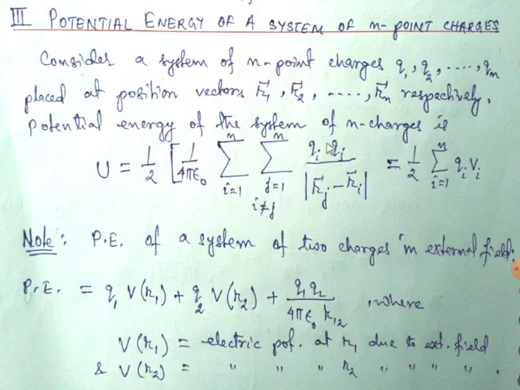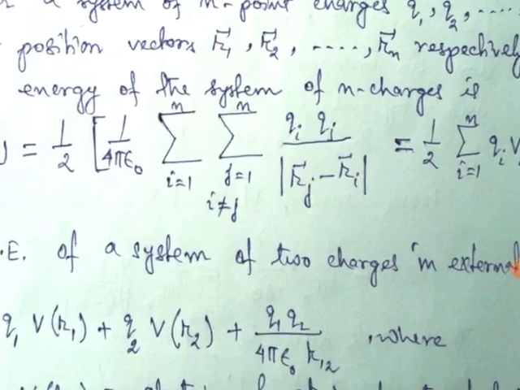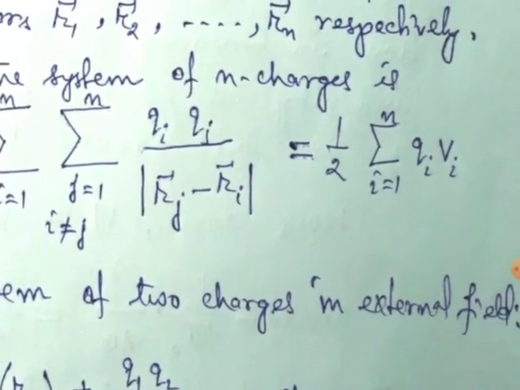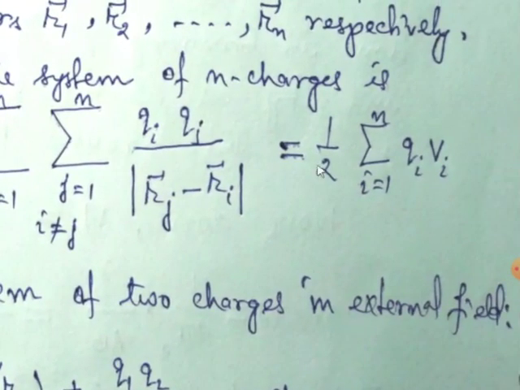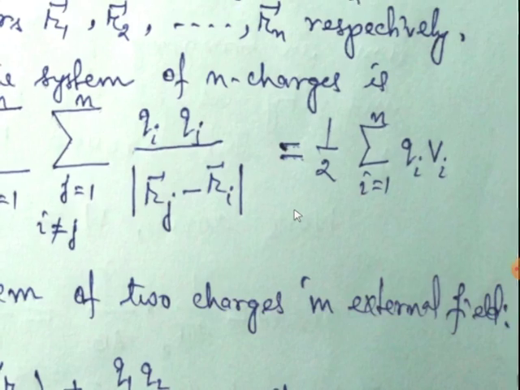And then instead of q1, q2, we will have qi, qj. Can you see? Summation of qi qj divided by modulus of rj vector minus ri vector. So this will be equal to half of summation of qi and Vi.